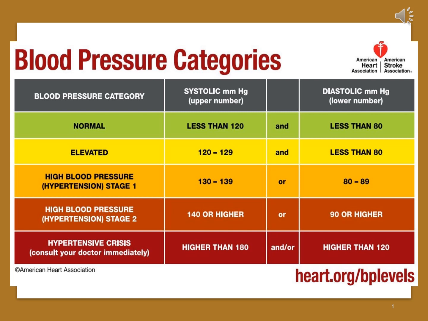So normal, they're looking at less than 120 systolic and 80 diastolic. 120 to 129 and less than 80 is considered elevated. 130 to 139 or 80 to 89 is stage 1 hypertension.